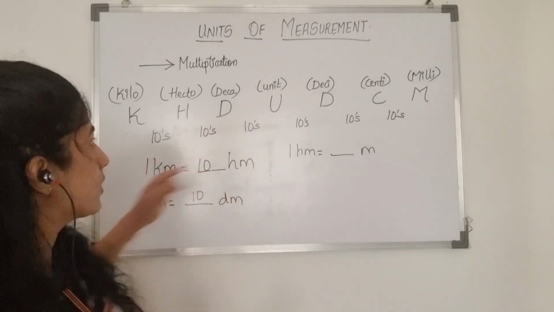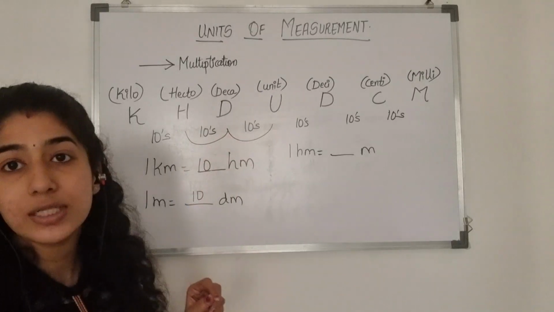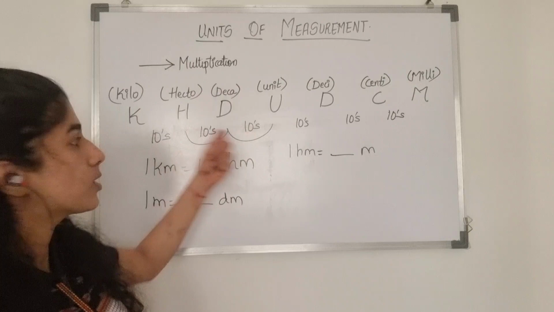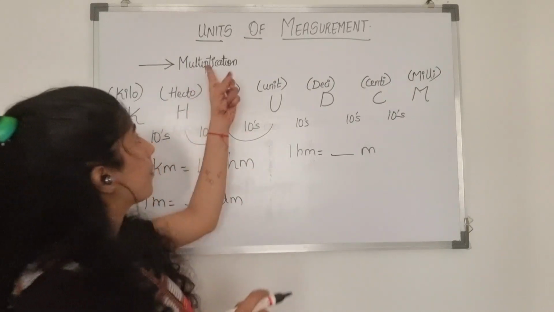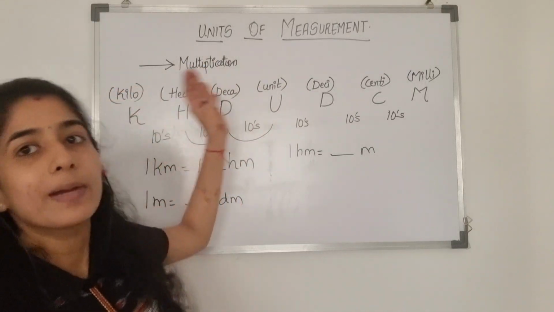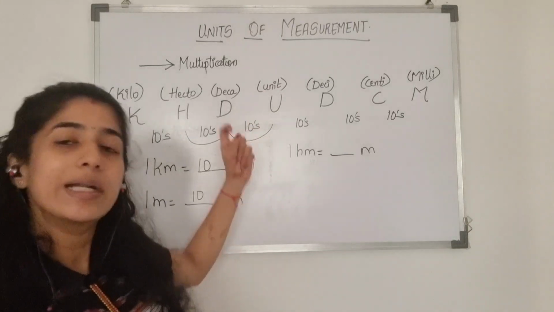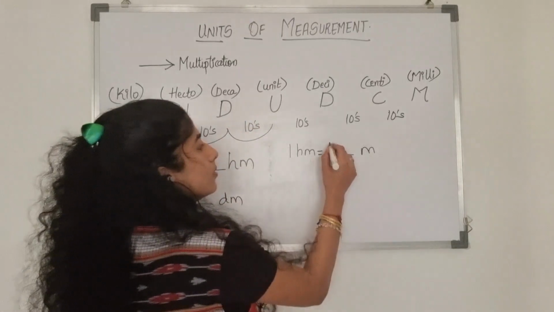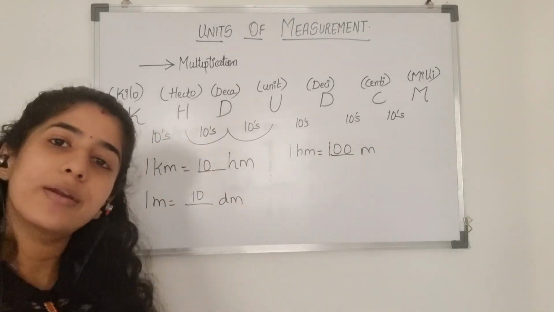So this is the first 10 and this is another 10. So basically how many steps am I taking? 2 steps, which is covering 2 tens. So 2 tens means which operation did I say first? I am going from left to right, means I am going to multiply. So 10 into 10 I will do. 10 into 10 gives you nothing but 100. So 1 hectometer is going to be 100 meter. That's it.